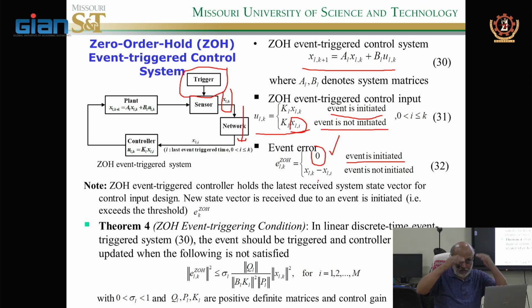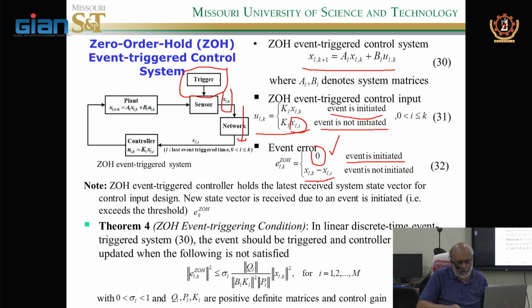When it's not being transmitted, if you take the difference between the previous value and the current value, that value keeps increasing, because the system will run in open loop. So you see that this difference keeps increasing.